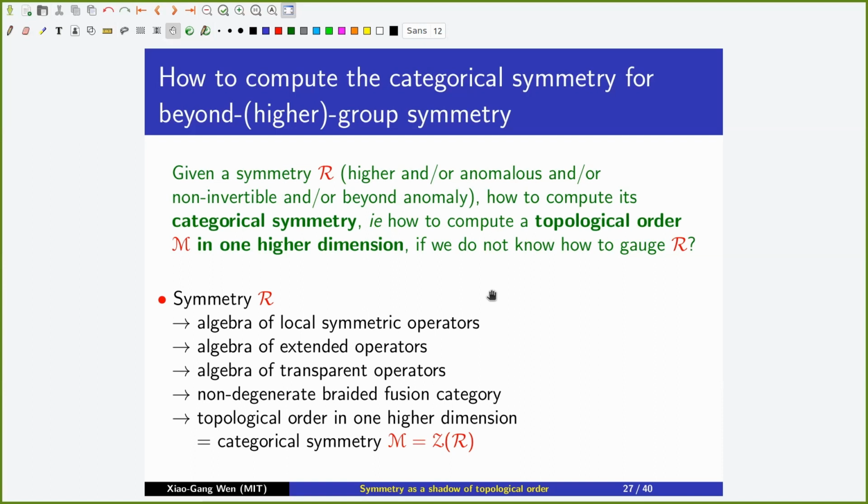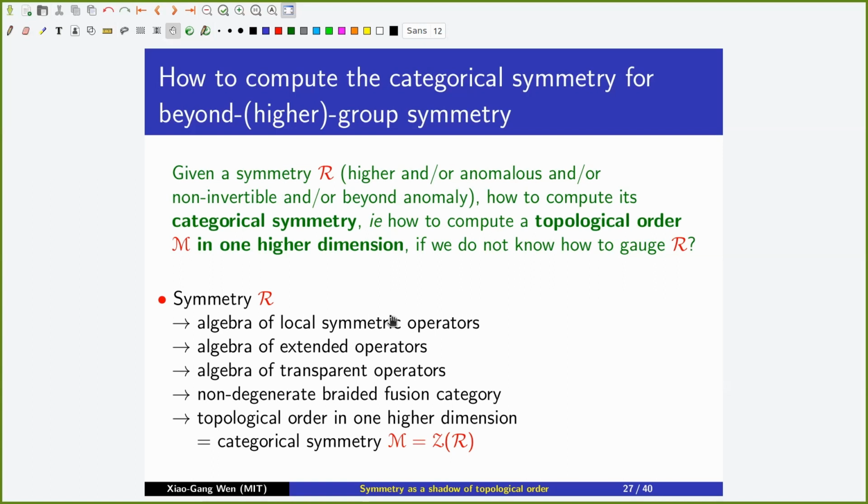Okay. So therefore, our input data is the local symmetric operators. But the symmetry is not necessarily described by a symmetry group, but by some rule. Here I'm using the word symmetry just for historical reasons. It's just some set of permissible operators. Then we have this algebra of local permissible operators.